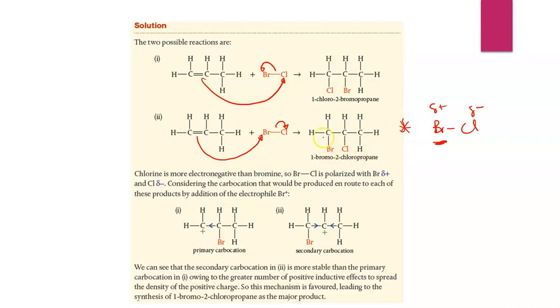We will see this one being formed as the major product because we have the more electropositive halogen doing the initial attachment, so that the second one is attaching to the more stable secondary carbocation.